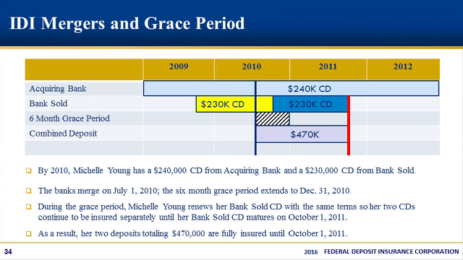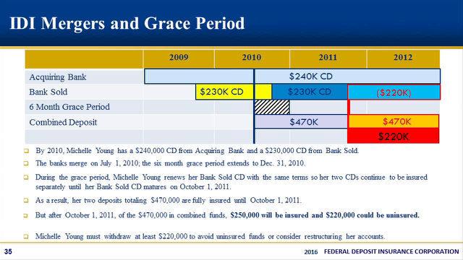Because of the FDIC 6-month rule, both deposits continue to be separately insured as if Bank Sold still existed, holding a deposit for $240,000 and a separate deposit at Acquiring Bank for $230,000.